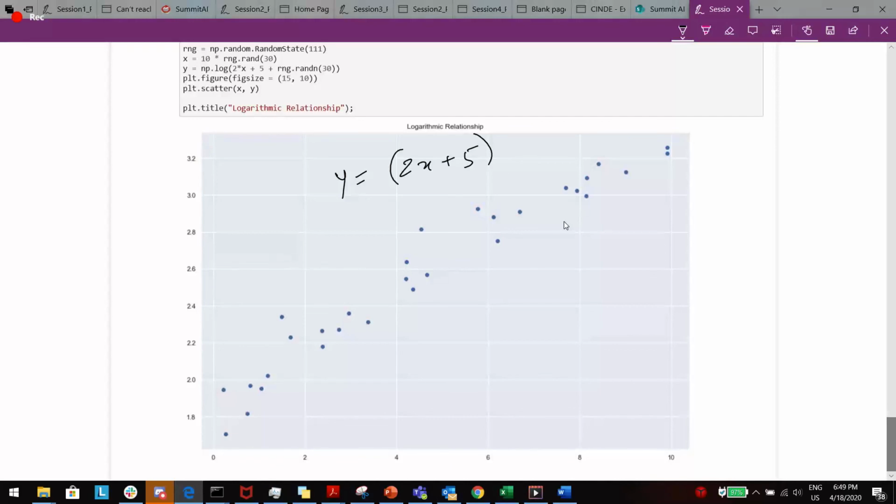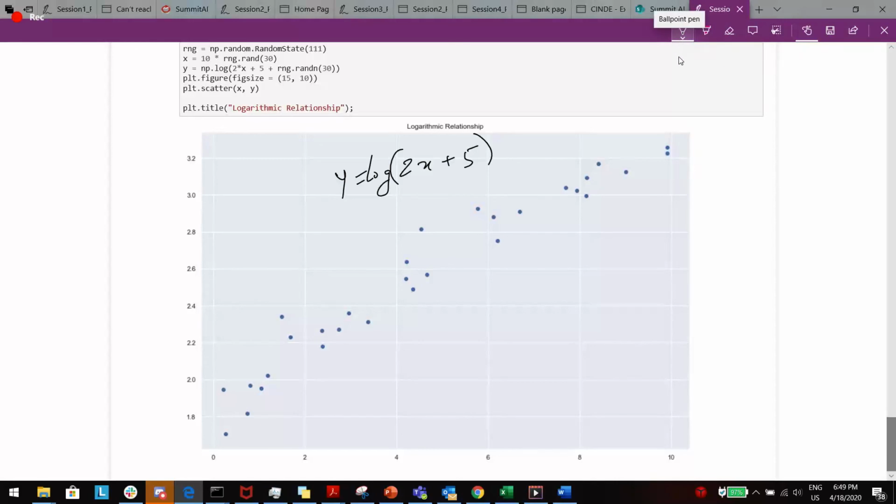Anybody? Okay, shall I give the answer? This is the same version, but it is a log transformed variant of that.